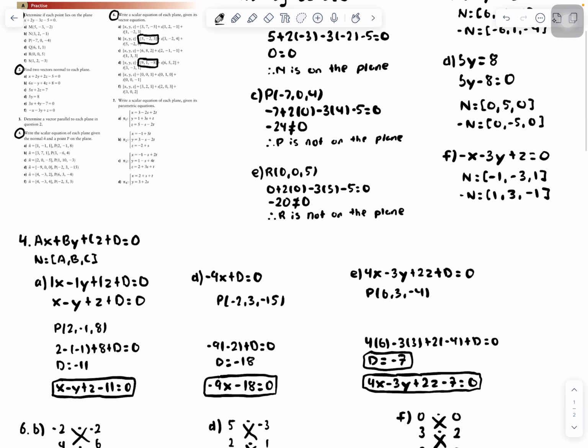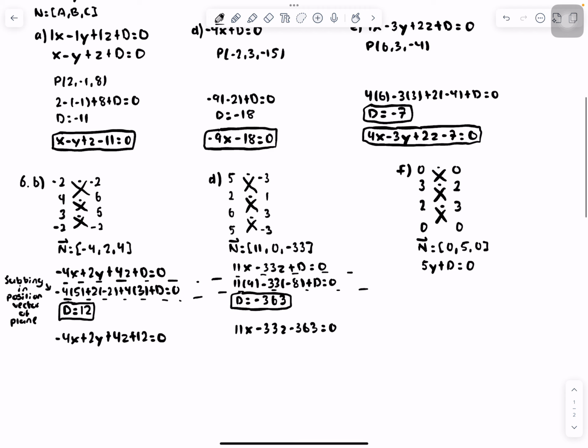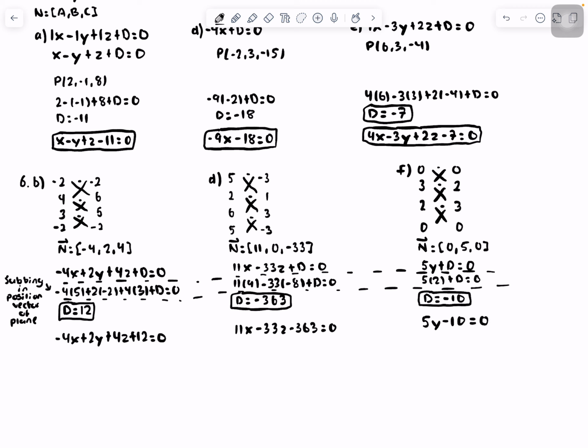That's this guy right here. So subbing in 3, 2, 1, we just sub in 5 times 2 plus d equals 0. And then therefore d equals negative 10. Okay, so we get 5y minus 10 equals 0.